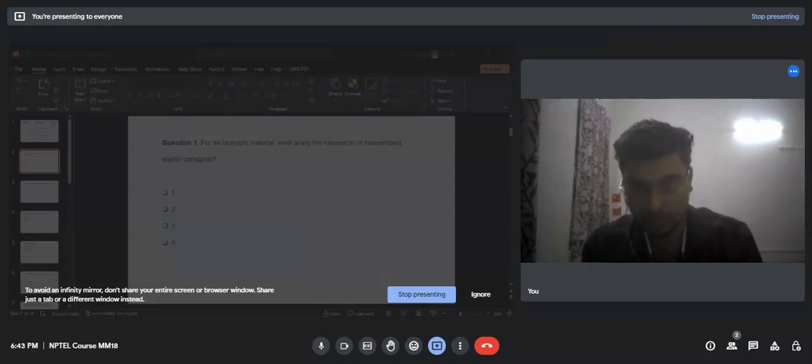Generally, whatever elastic or plastic crystal will show, it will show a curve like this region. Till here we can say it is elastic.